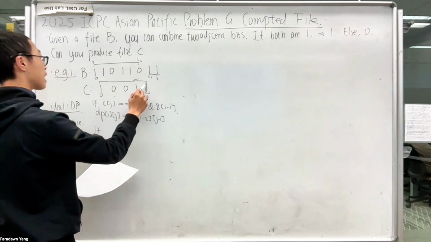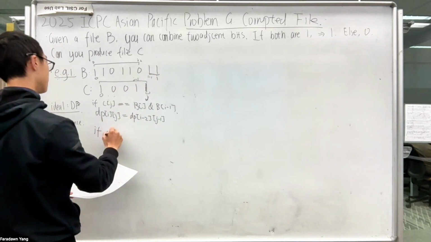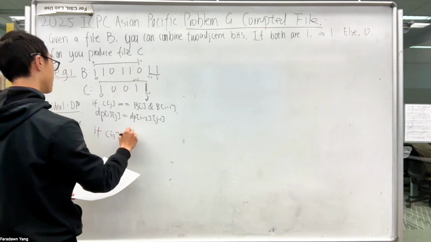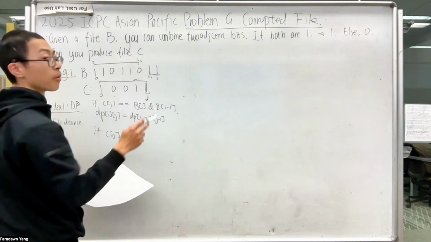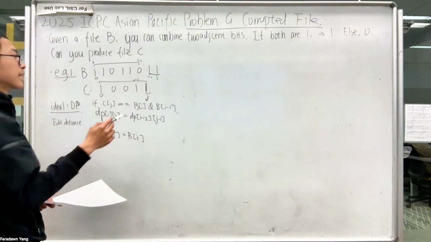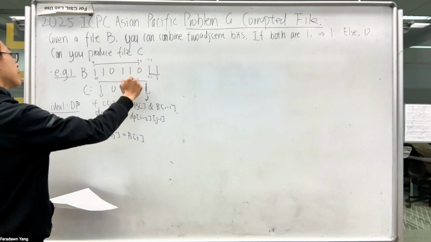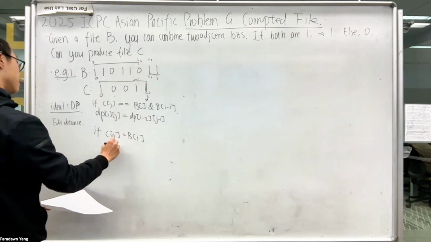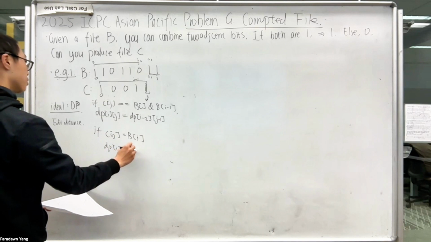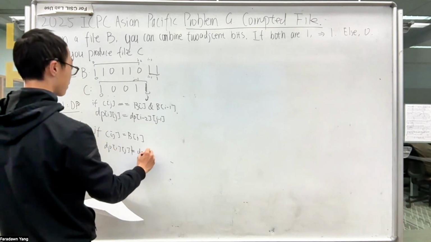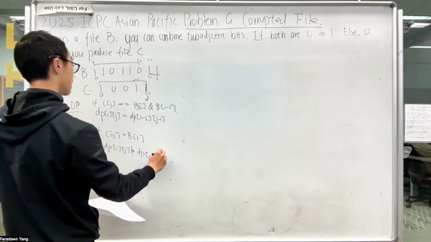Or if Cj is equal to Bi, then can we perform 0 operations and directly use the i minus 1 result and the j minus 1 result? dp i j is also equal to dp i minus 1 and j minus 1.